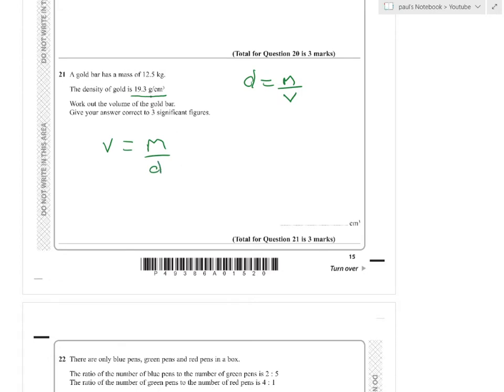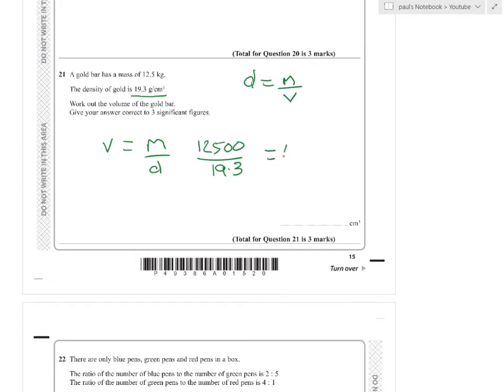Now, this is going to be in grams, because look, density is grams per cubic centimetre, so we need to change that into grams. So 12,500 divided by 19.3. 12,500 divided by 19.3 is 647.66666.